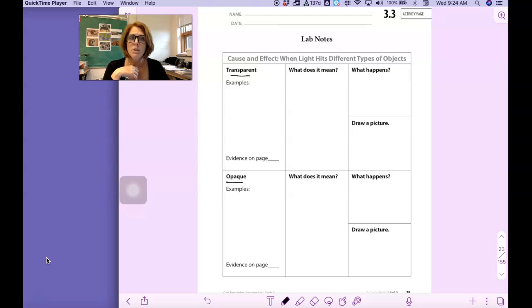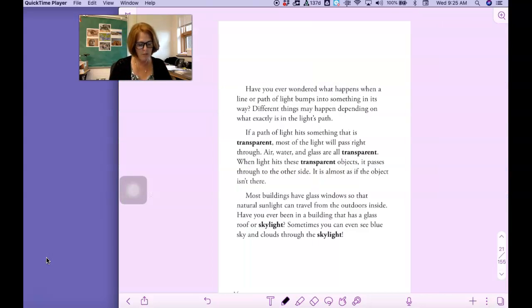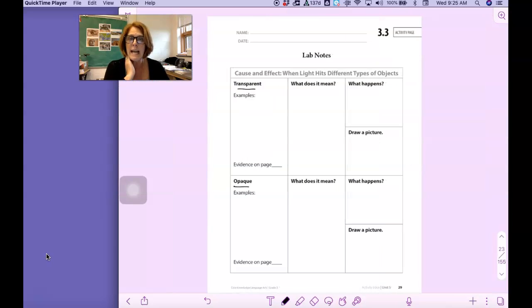So what we're going to do, we are going to open your reader. Go ahead and open your reader to page 14, and this is in chapter 2. We're going to start on page 14 talking about things that are transparent. As we're looking at activity book 3.3, you're also going to have page 14 out.